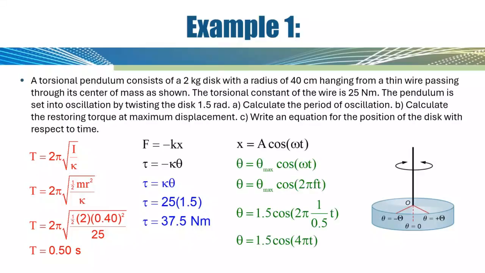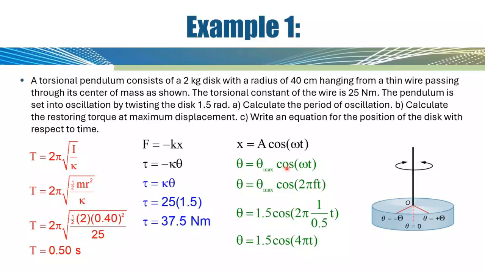So we did this before where we wrote a position function, x equals A, and then it was sine or cosine of omega t. So we're going to do the same thing, but this time with rotational displacement. So I have theta equals, we don't really have a variable for maximum amplitude, so I just wrote theta max. And I have to pick between sine and cosine.